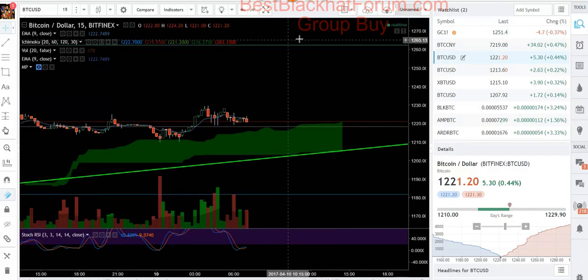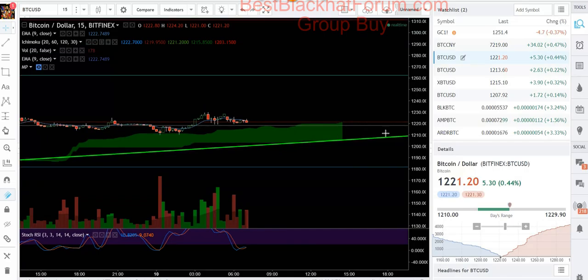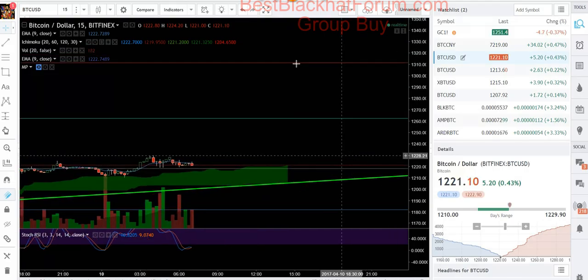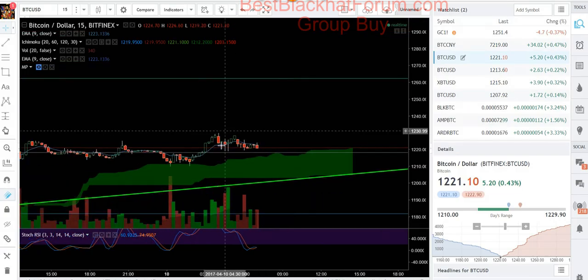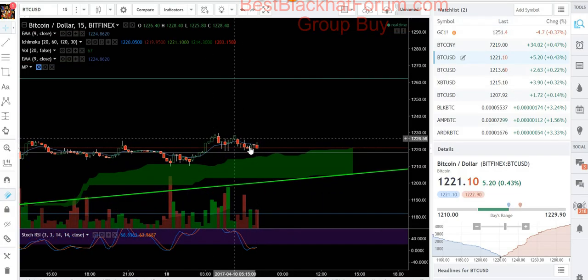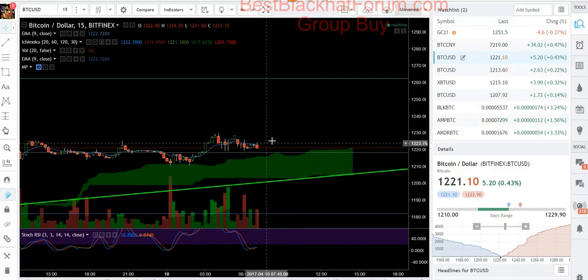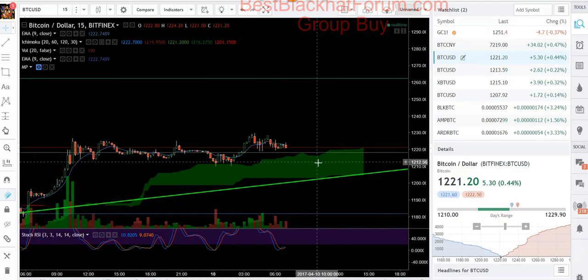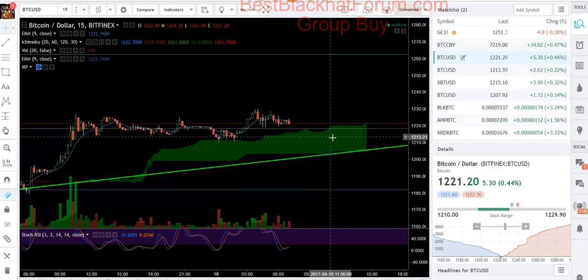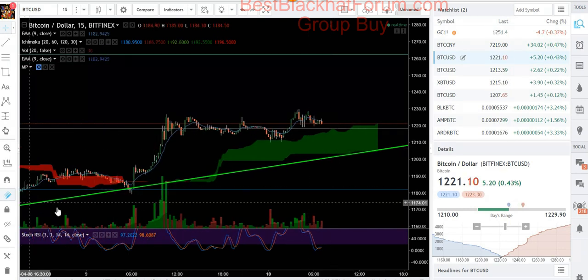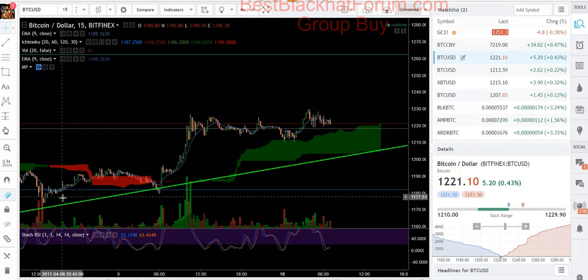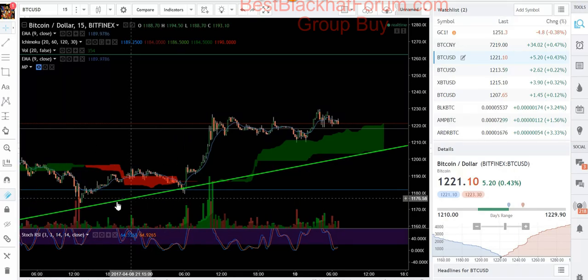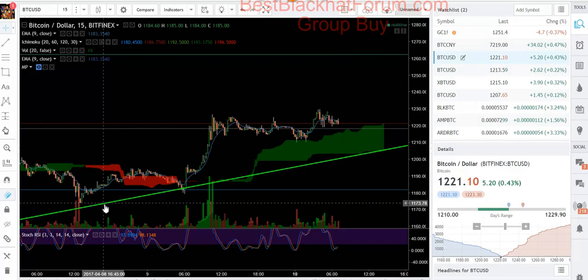Okay, if this thing is going to continue on up to our higher levels, up to our 1.13 area up in here, it's going to have to respect this 15-minute cloud, and it will most likely consolidate in this area, maybe even come up a little bit, fake some people out, and then dump down to here, and then boom, bounce again. But until we break this cloud on the 15-minute, we're still moving up, and you can see here our trend line that we've been riding on for almost a week and a half since that 888 or 900 bottom. This is that line, the green line.